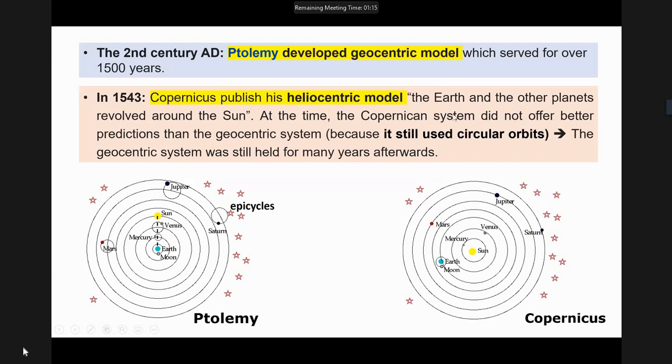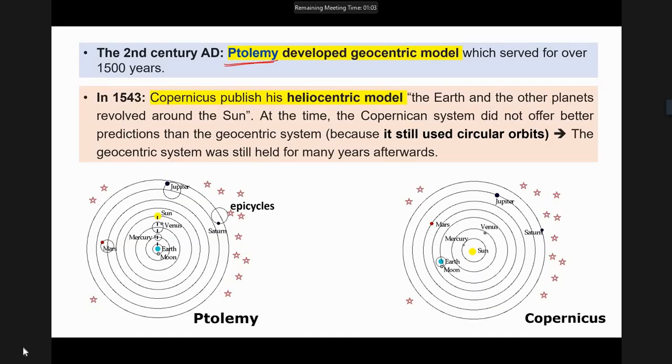In the 2nd century AD, Ptolemy developed the geocentric model, and this model served for a very, very long time, 1,500 years, until 1543, when Copernicus published his heliocentric model.